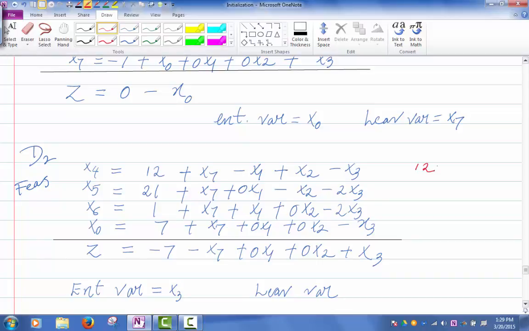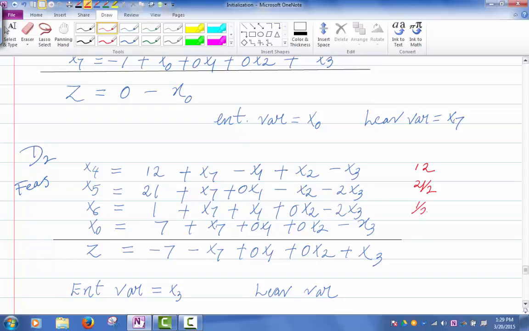Okay, to go to the second row, what's the largest value of x3 you can pick without making x5 negative? 21 divided by 2, right? In the third row, what's the largest value of x3 you can pick?